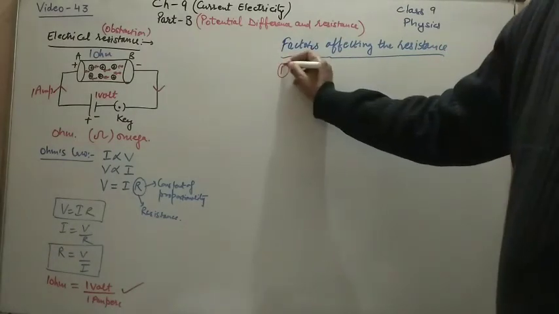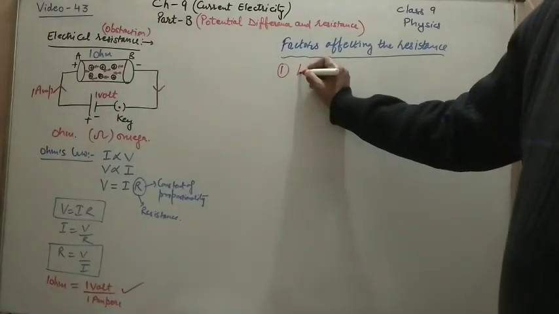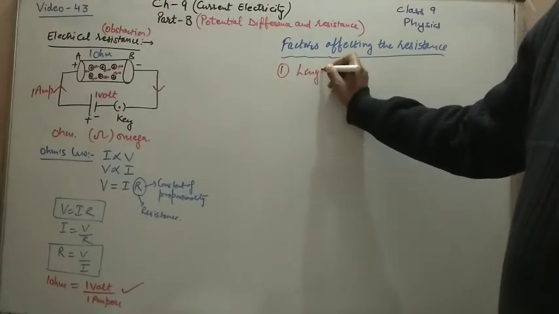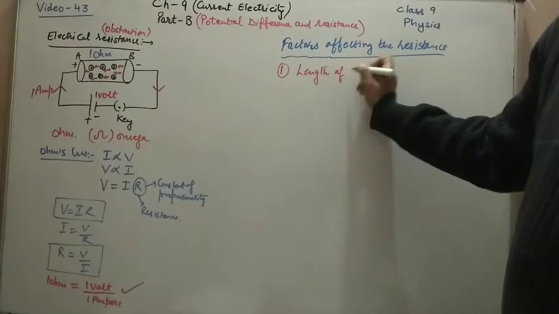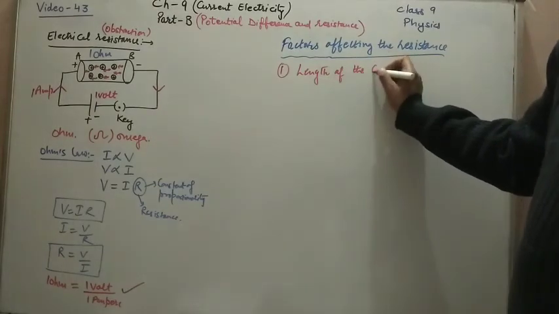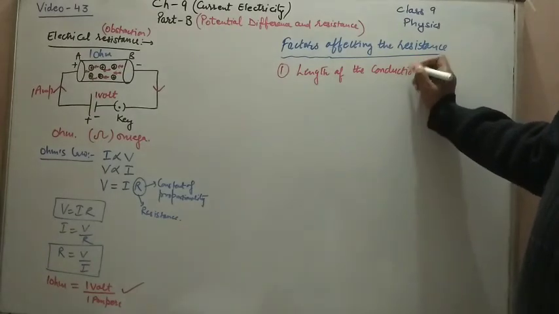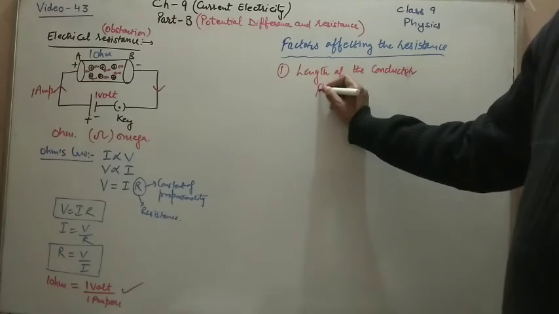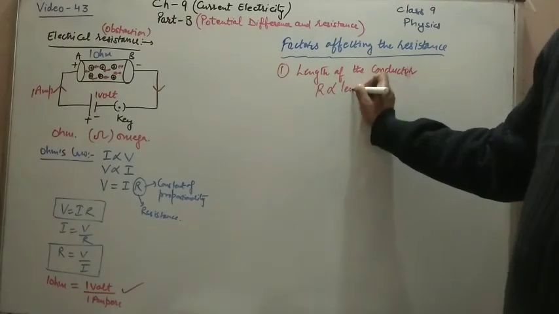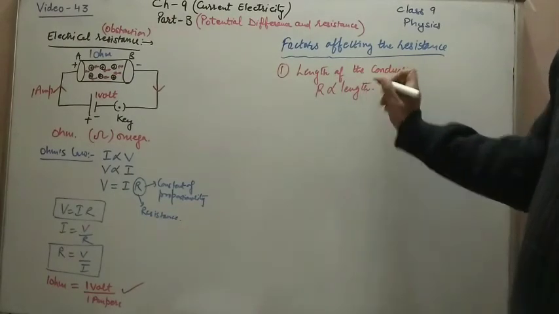So the first one is the length of the conductor or wire. Resistance is directly proportional to the length.